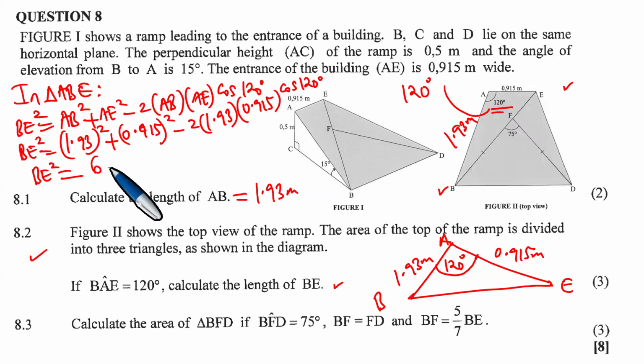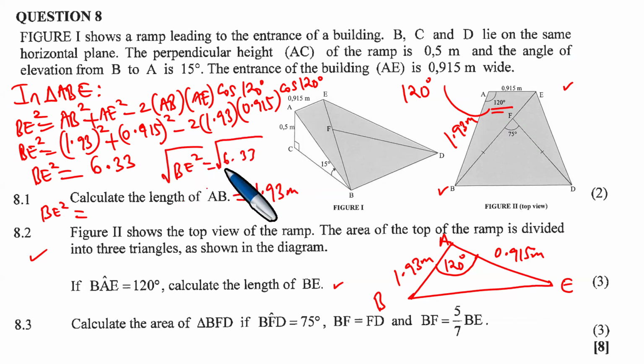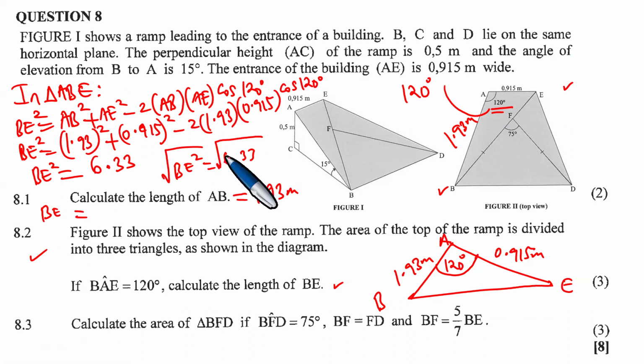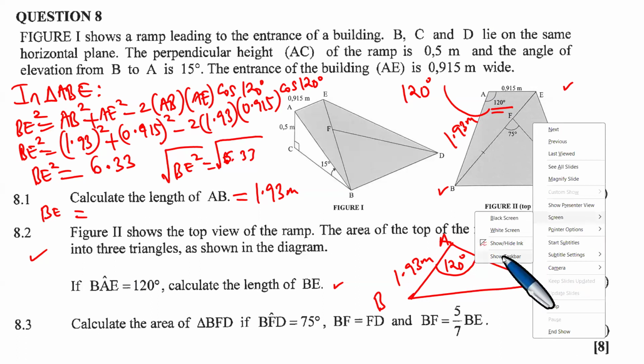So here we have 6.33 there, meaning BE squared is 6.33. You apply the square root. Okay, let's continue. Right, so now you take the square root of 6.33. Let us take the square root.